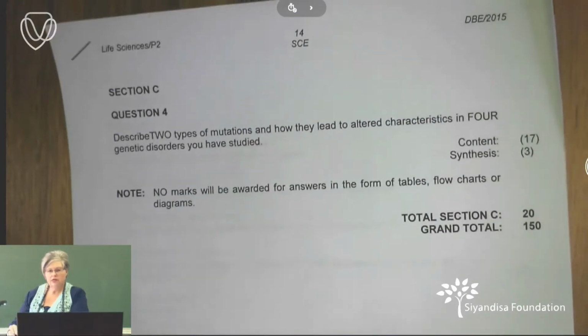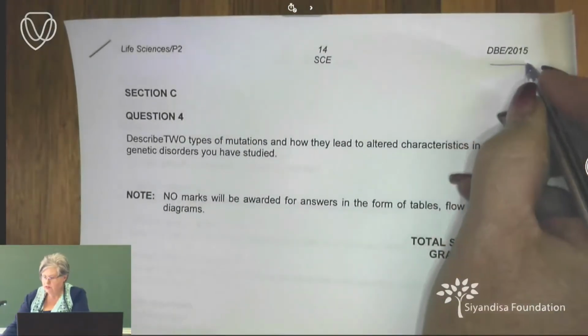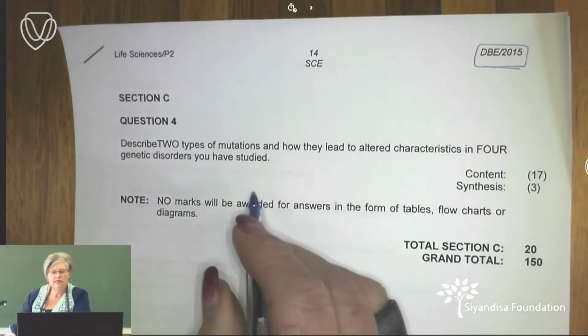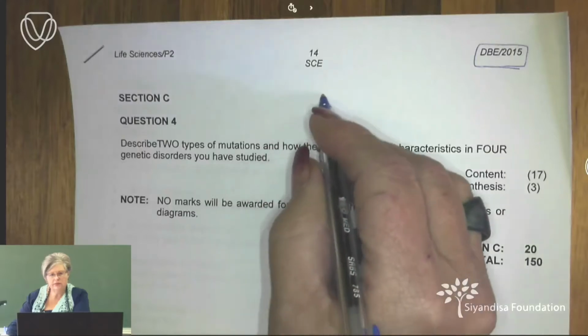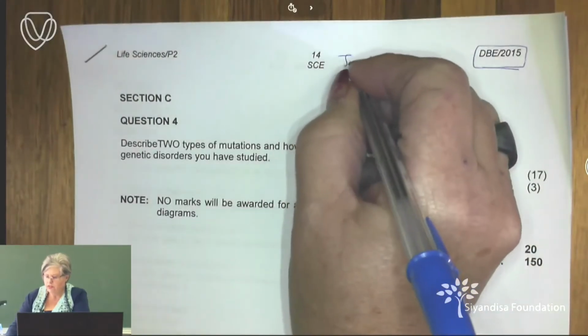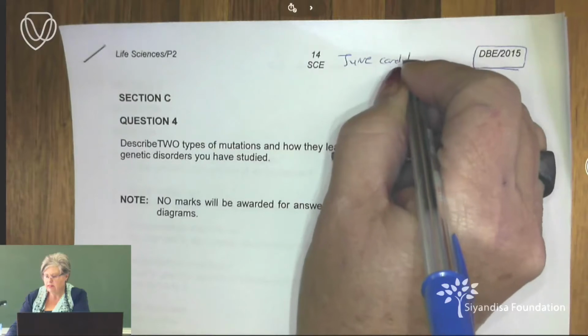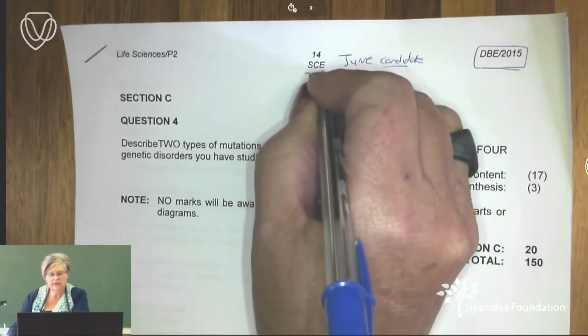I quickly want to come back to mutations. This was the DBE 2015 paper, the essay for the June candidates. The June candidates, we call them senior certificate.